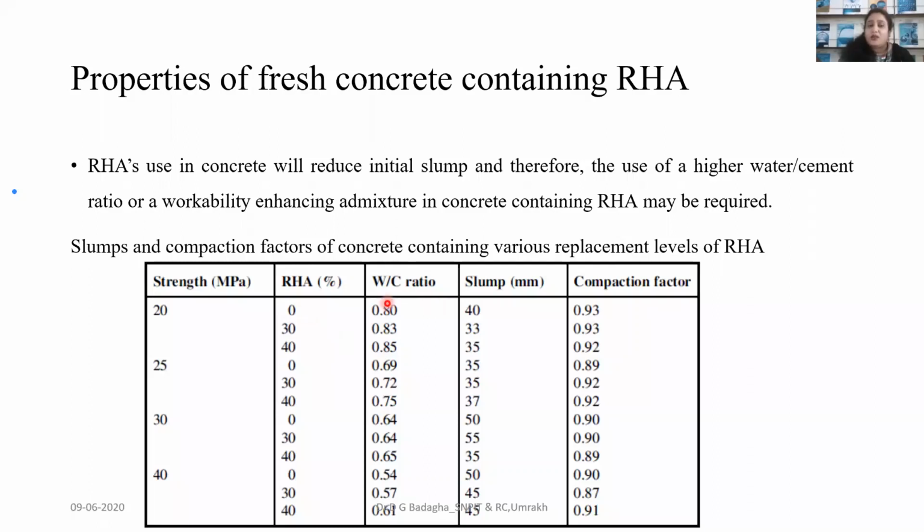If 30, it means 70% cement and 30% RHA. 60% cement and 40% RHA is there. Based on that you can compare all the strengths with RHA percentage, water cement ratio, slump, and compaction factor. If we use some replacement of RHA, then we get similar or advantageous properties compared to conventional concrete.